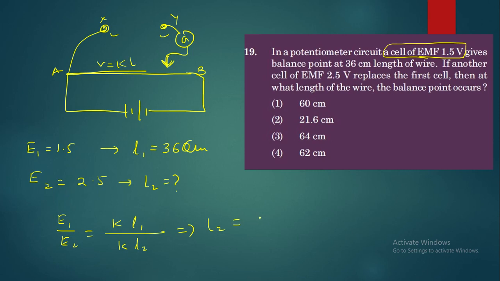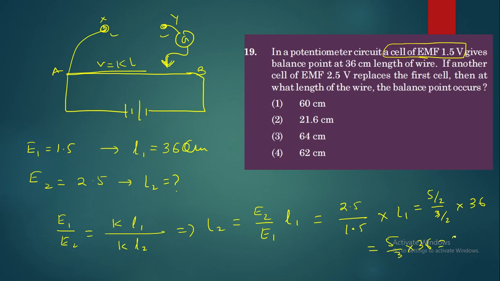From here I can calculate L2, which is equal to E2 divided by E1 multiplied by L1. So this is equal to 2.5 divided by 1.5 into L1, which is 5 by 3 multiplied by 36, and this is 5 into 12, which is 60. So the answer is 60. Let's move on.